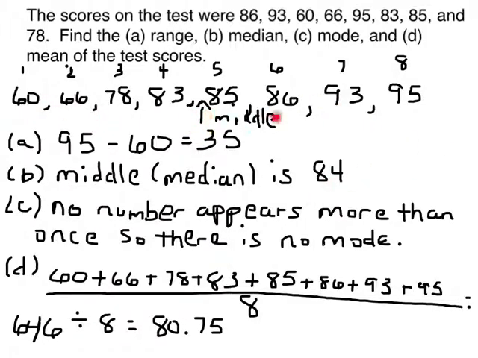Now in this particular sequence, there is no number that appears more than once. So like I said, there is no mode here, but you're still going to have to write that there is no mode. All right, and then finally, to find mean, I'm going to add all of the numbers and then divide by 8. When I add those numbers, my sum is 646, divided by 8, and that is going to equal 80.75.